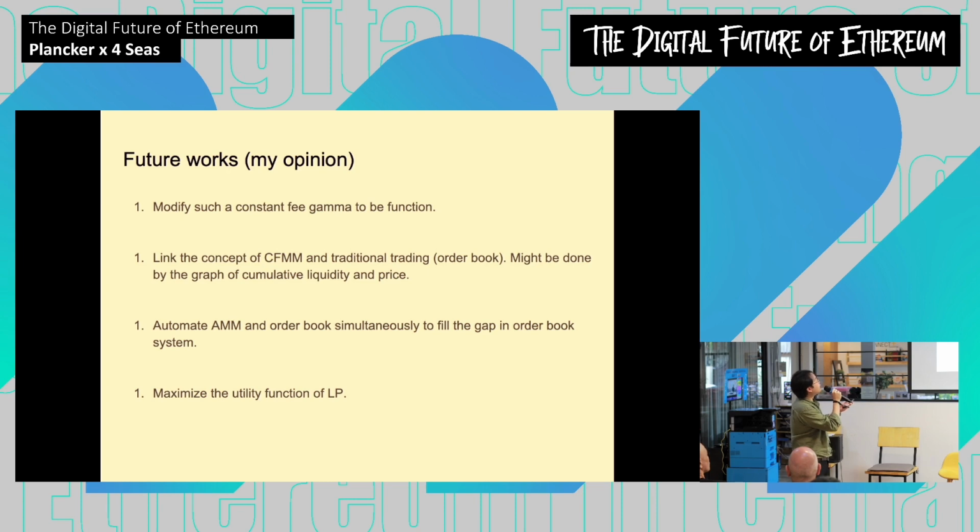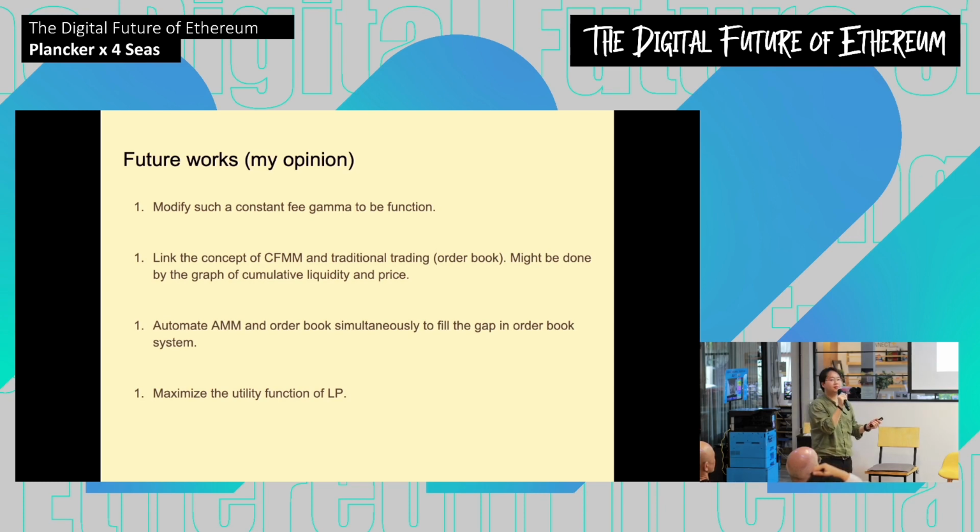And also, I think maybe they will. Actually, I'm trying to do research on this too. So maybe people will try to link the concept of the constant function market maker and traditional trading together.